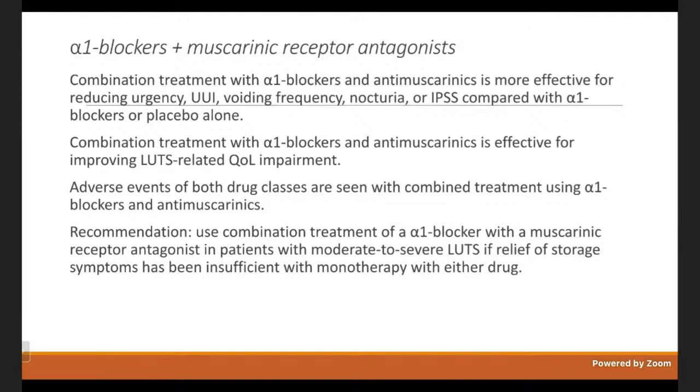We have combinations of tamsulosin along with solifenacin, and tamsulosin can also be combined with tolterodine. Various combinations are available. If you use an alpha blocker with a muscarinic receptor blocker, it results in relief of the storage symptoms as compared to monotherapy alone.